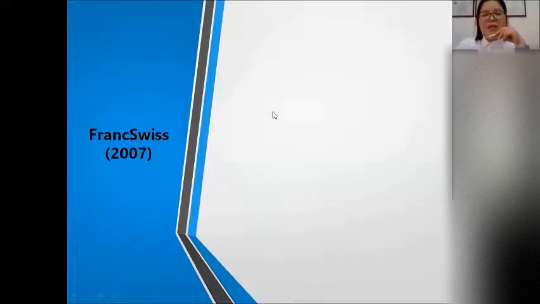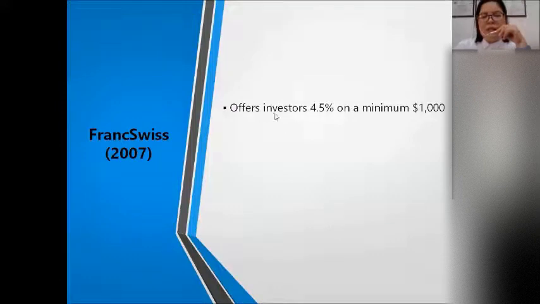Ano ba tong klaseng mutual na to? Investors can get 4.5% on a minimum investment of $1,000. So, if you have $1,000, you can join the Franc Swiss. So, you will become an investor. And take note that it is a 4.5% return.